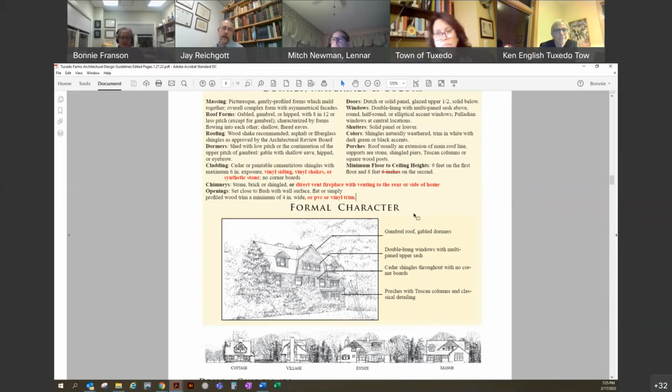Right. I think, sorry, go ahead, Bonnie. All right, I'll go. I think there are two issues being conflated here. One is, how do you functionally vent a combustion device in the home? Traditionally that's with a big pile of bricks with a hole in the middle of it. But with modern fireplaces, we don't do it that way. So having a direct vent in a way that is not ugly is probably acceptable.